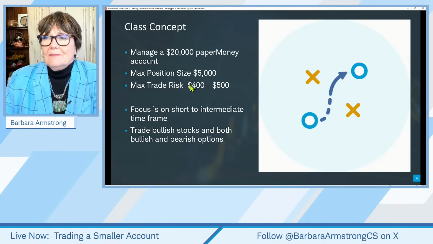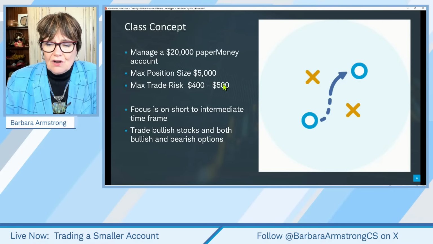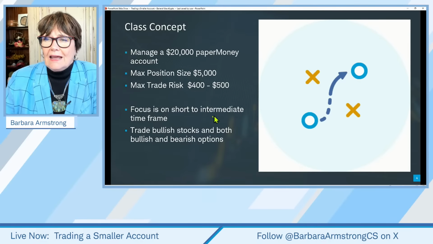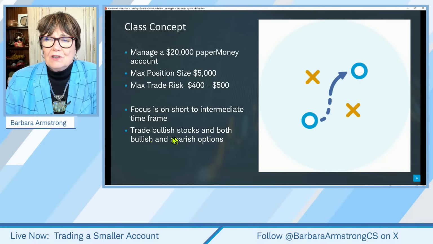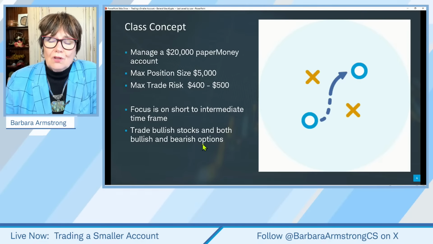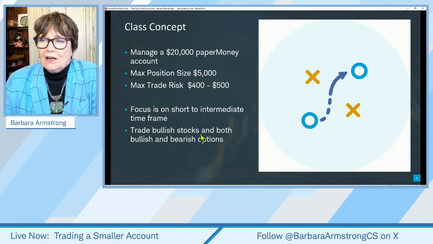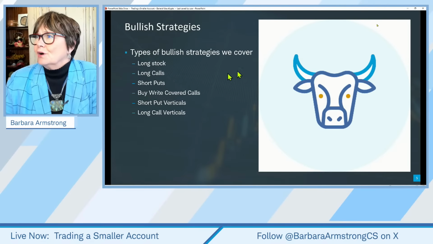Our max risk per trade is around $500, and our focus is on short to intermediate term timeframes. We trade both bullishly and bearishly, depending on what's going on in the market.